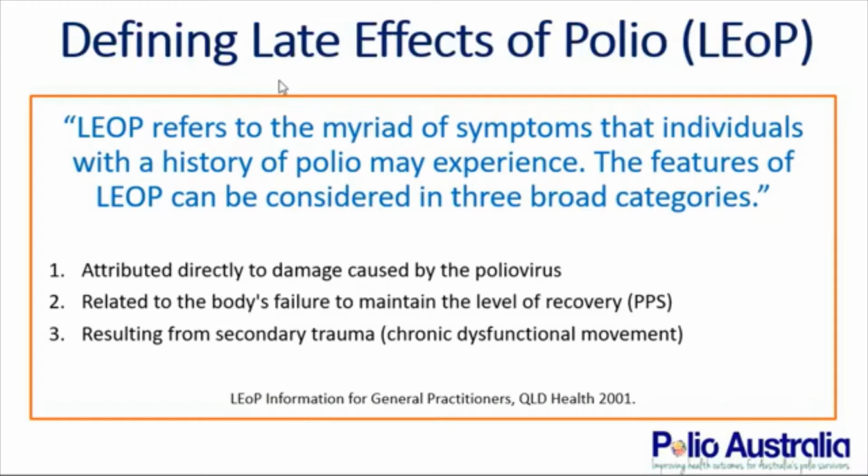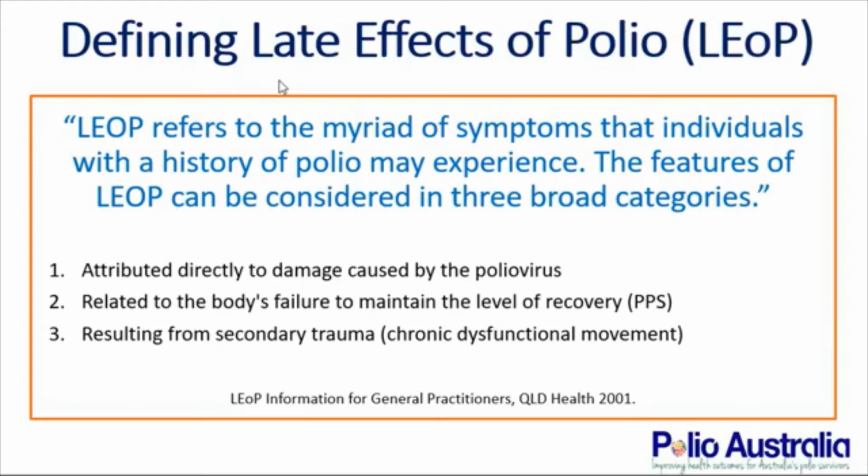And it's interesting to remember here that loss of motor neurons is actually a feature of normal aging. We lose about 25% of our motor neurons as we age.